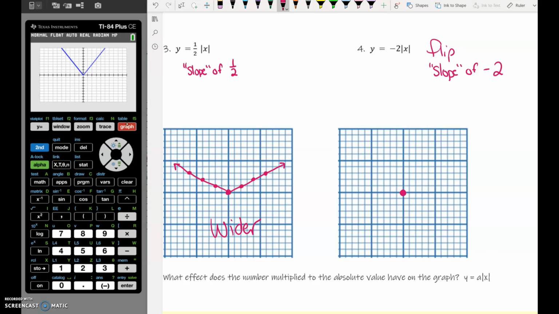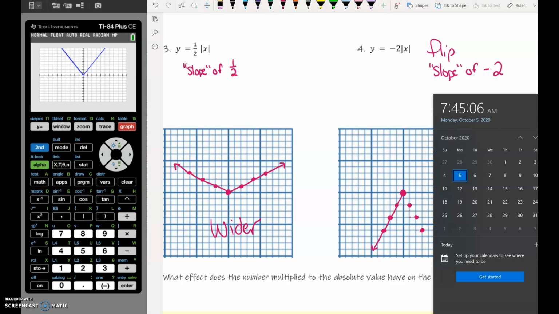We're going to go down 2, out 1. Down 2, out 1. And do you see how this graph is symmetrical? So whatever we do on one side of the vertex, we do on the other side of the vertex as well. That was not a very good line.